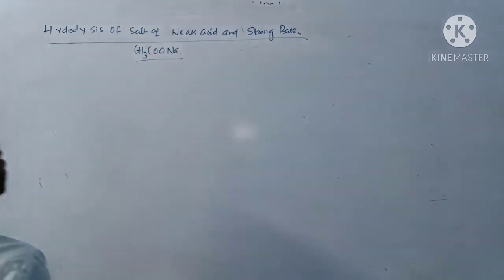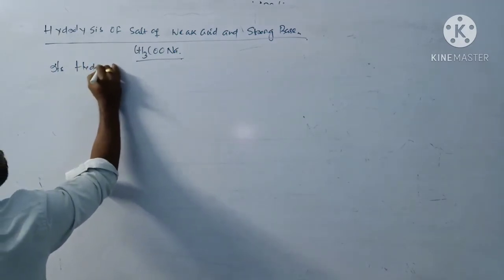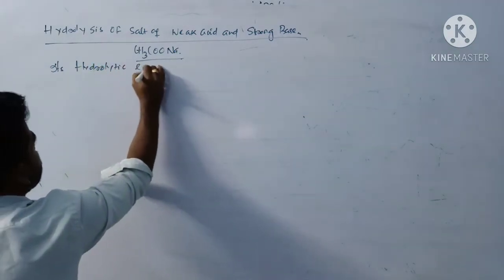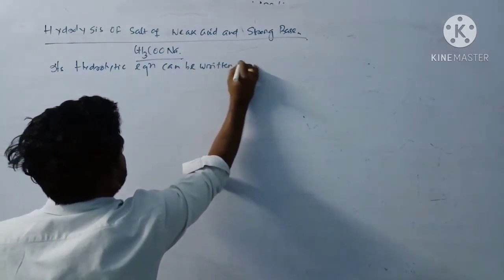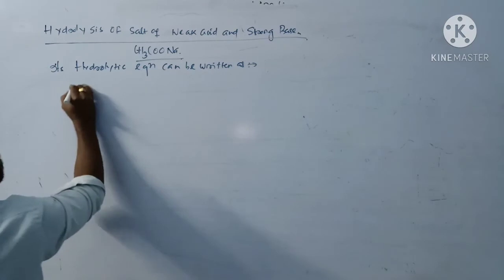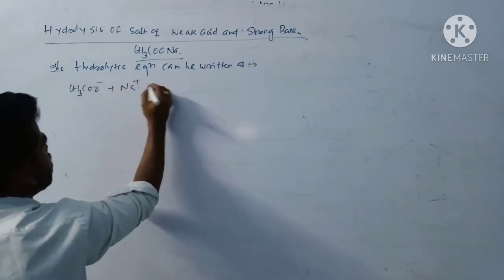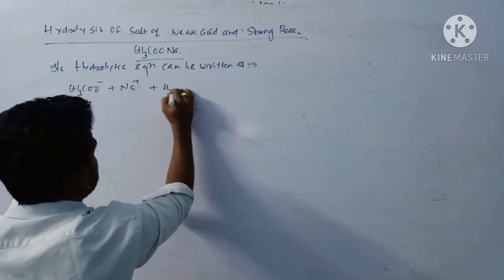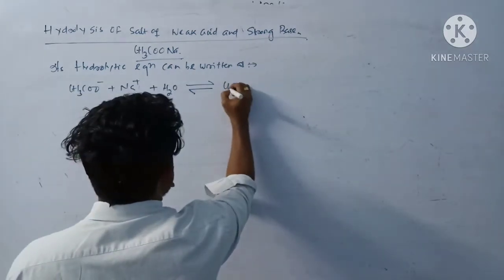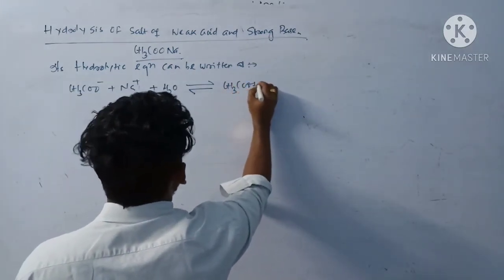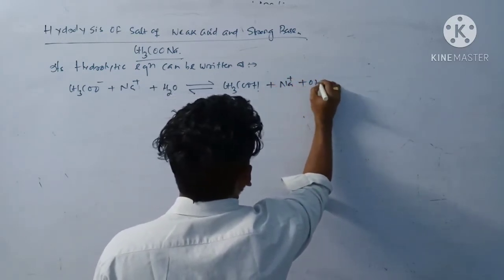So its hydrolytic equation can be written as CH3COO minus plus Na plus plus water giving rise to CH3COOH plus Na plus plus OH minus.